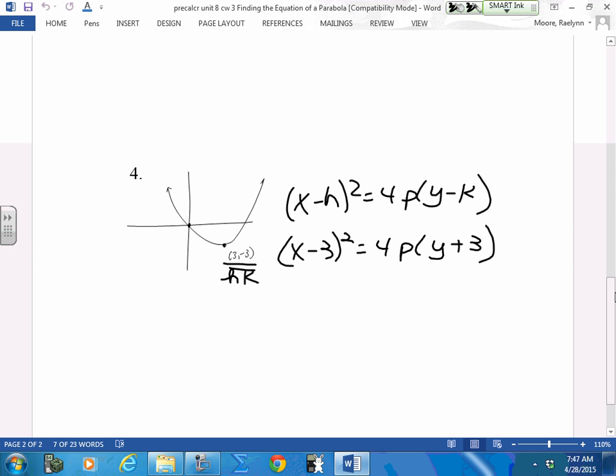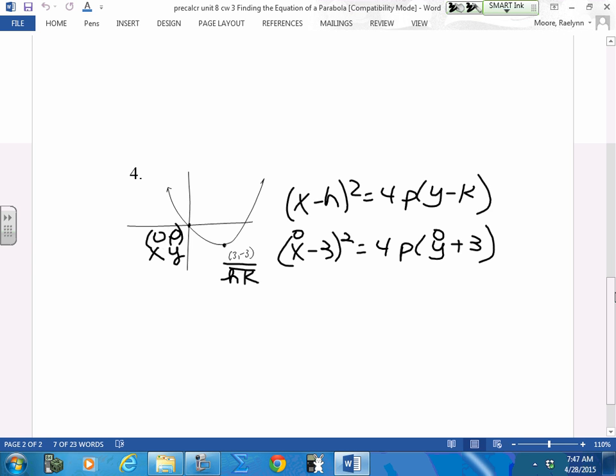Plug them in. Now, I don't have a focus. I don't have a p. And I do have a point on my parabola. Do you see the point? The origin. Good. This is the 0, 0. This is the x. This is the y. So plug it in. When x is 0, when y is 0.